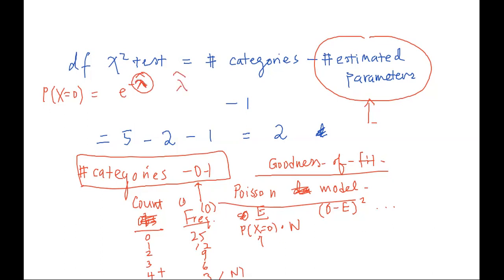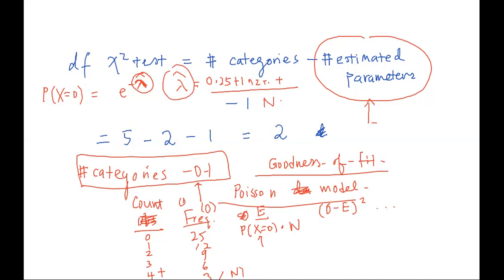So you estimate this using the sample mean here. For example, 0 times 25 plus 1 times 12 and so on, so that's the sum. And then you divide by the sample size. So basically, you're estimating one parameter.